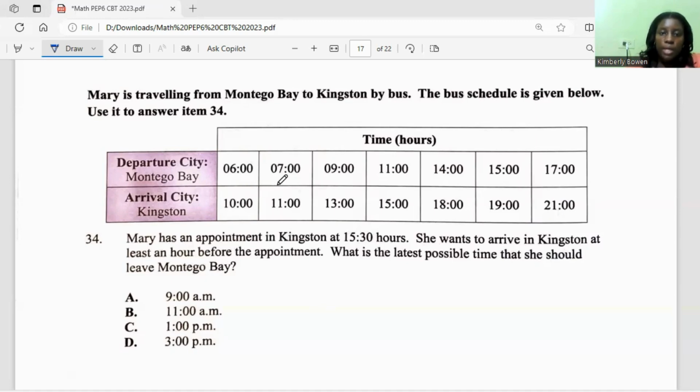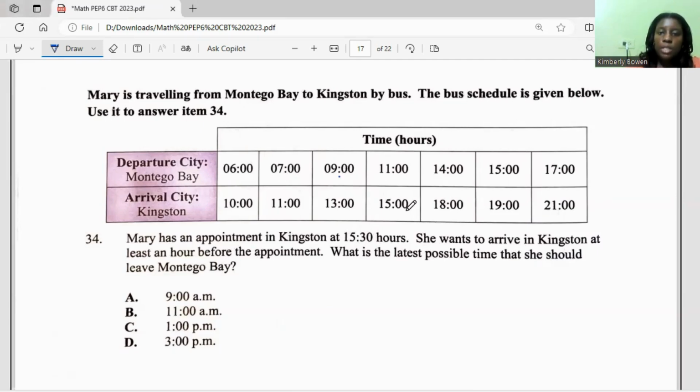Let's see, she's departing from Montego Bay and she needs to reach Kingston. The bus leaves at 6, it arrives at 10. If it leaves at 9:30, then it arrives at 1. If it leaves at 11, it arrives at 3. I already changed it over to regular time, not 24 hours.